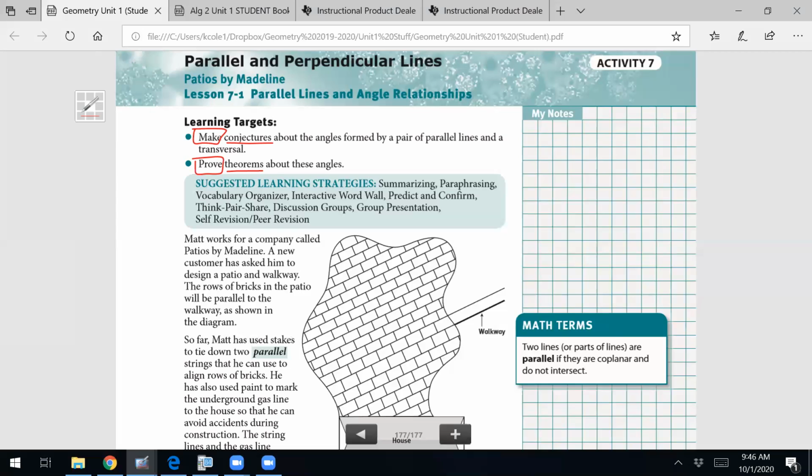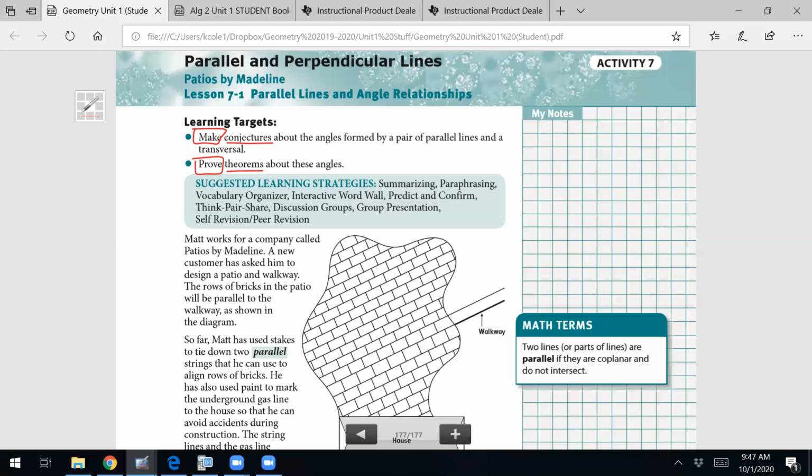Matt works for a company called Patios by Madeline. A new customer asked him to design a patio and walkway. The rows of bricks in the patio will be parallel to the walkway, as shown in the diagram.